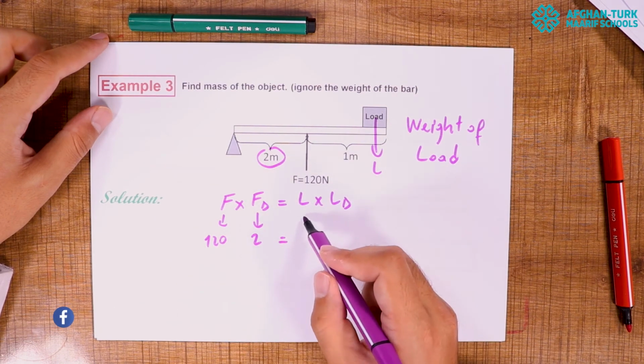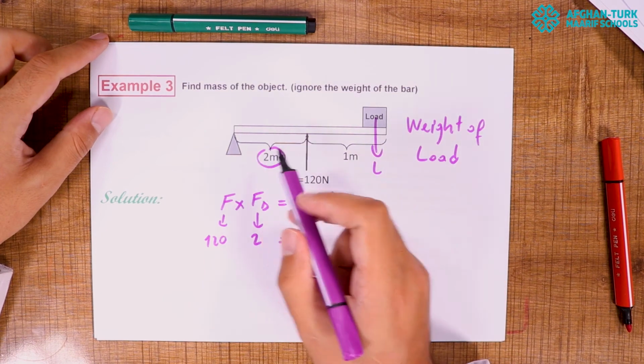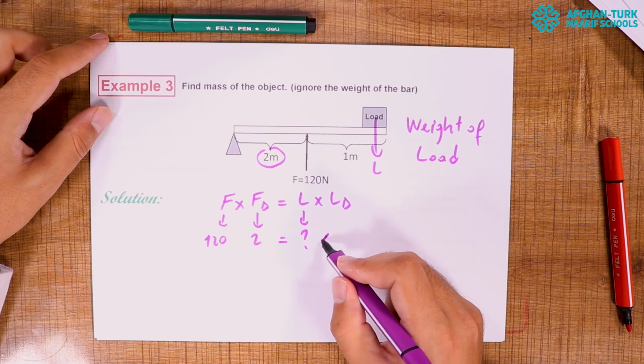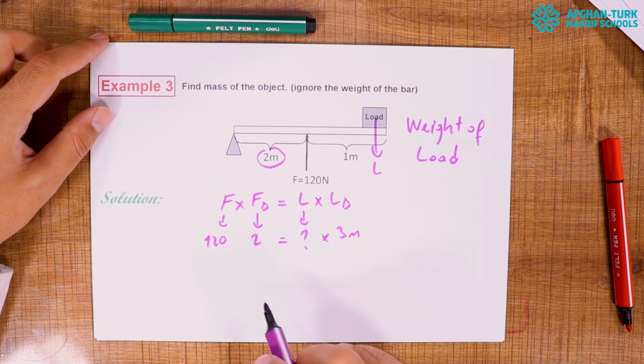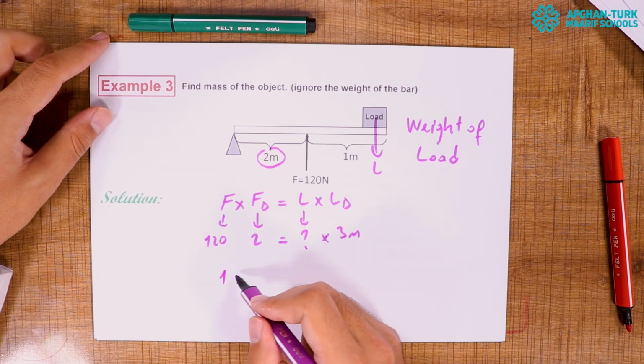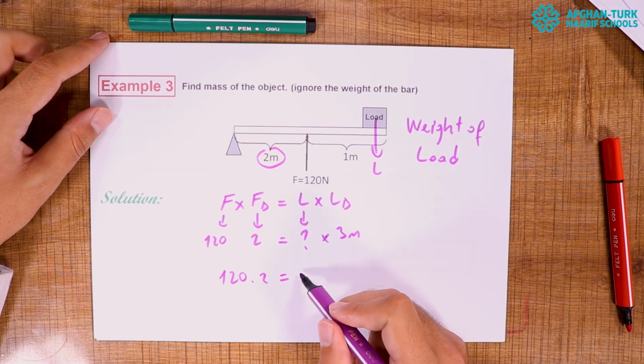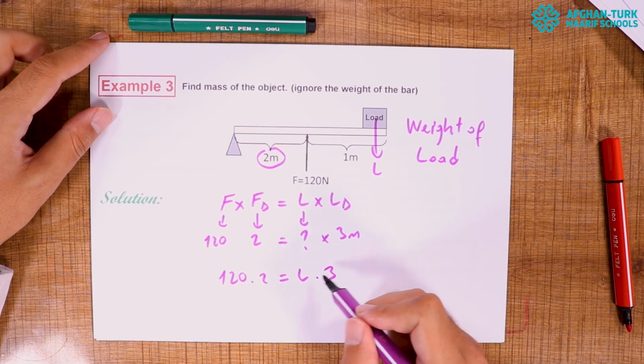And I'm looking for the load. The load distance is 1 meter plus 2 meter, which is 3 meter. 120 times 2 is equal to load times 3.